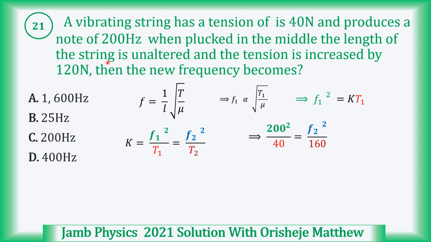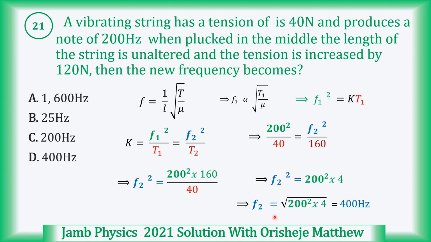Then the second one, the tension was increased by 120, so add it to the first one, that will give me 260. So what is the new frequency? You solve this, just cross multiply, and the square root of that will give me 400 Hz. So the answer is D.